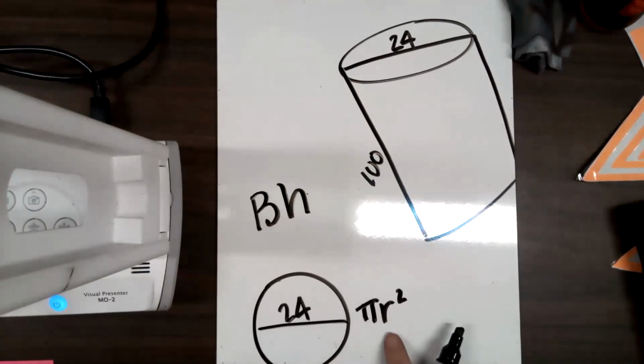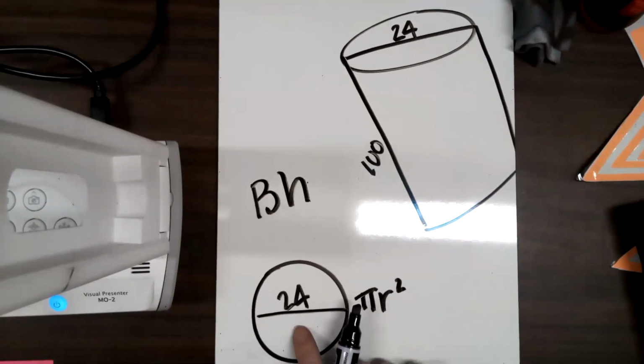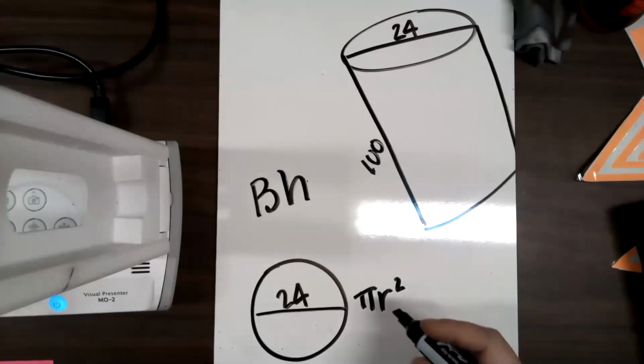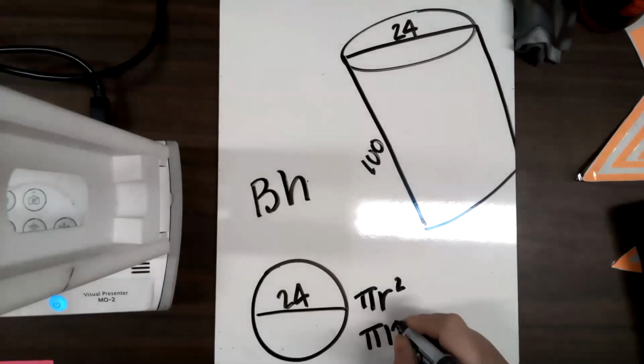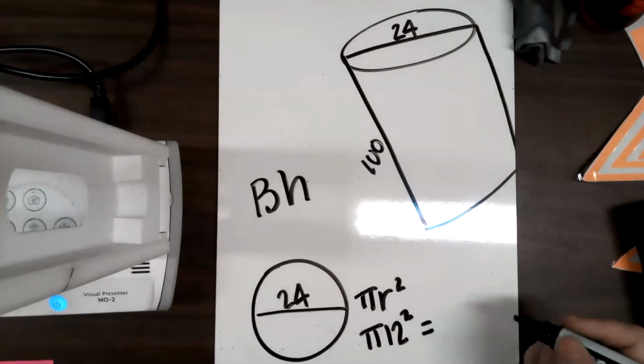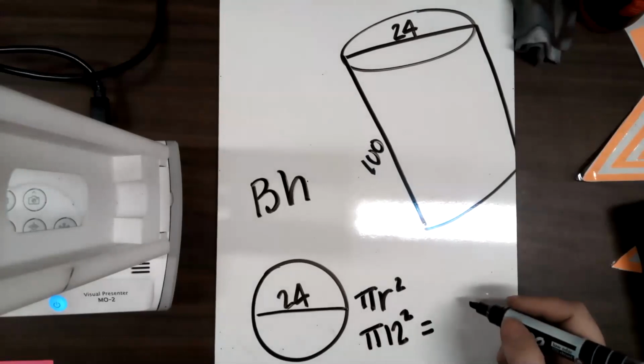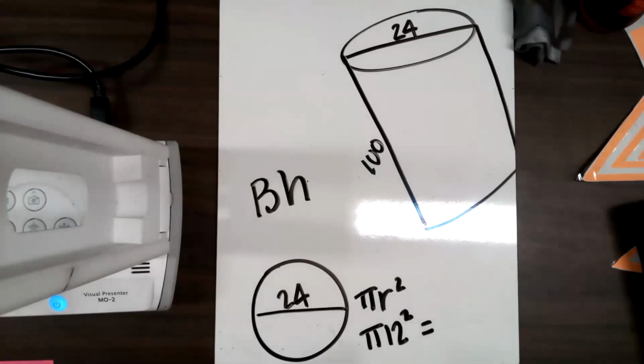Okay, this one's a little bit different because instead of giving you the radius, I gave you the diameter. Remember, radius is half the diameter. So you got to take that number and divide it by 2. So that's going to be pi times 12 squared. That's a pretty common mistake that my students make, is that they immediately rush through it and they don't think, oh man, I need to use the radius instead of the diameter.